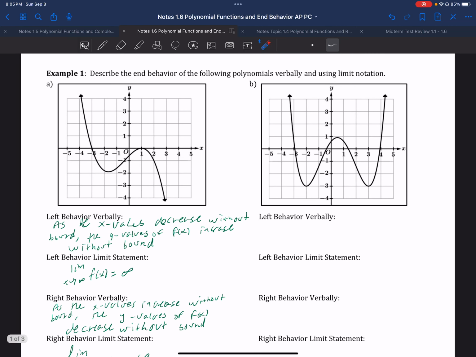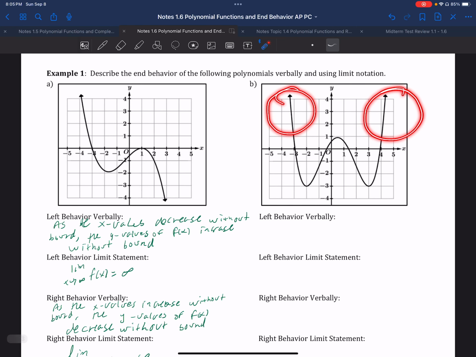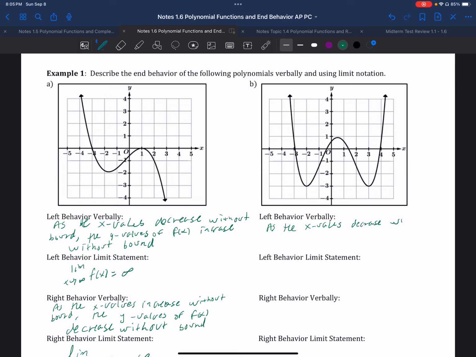Now let's look at B. If we look at this one, we notice that both of them are going up. So for the left side, I'm going to say as the x values decrease without bound, the y values of f of x increase without bound.